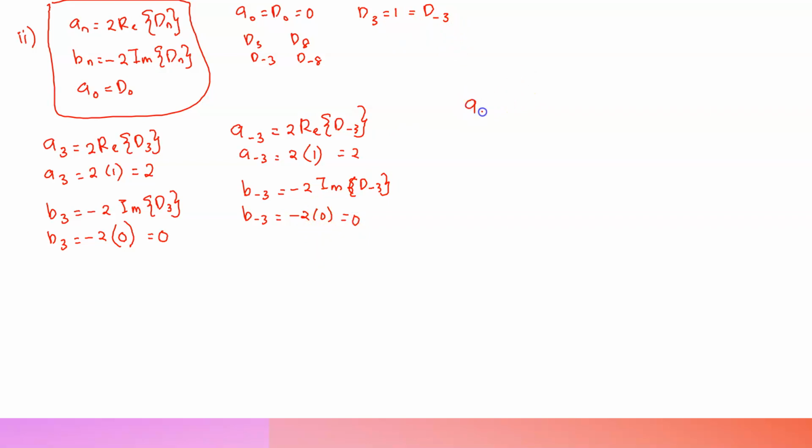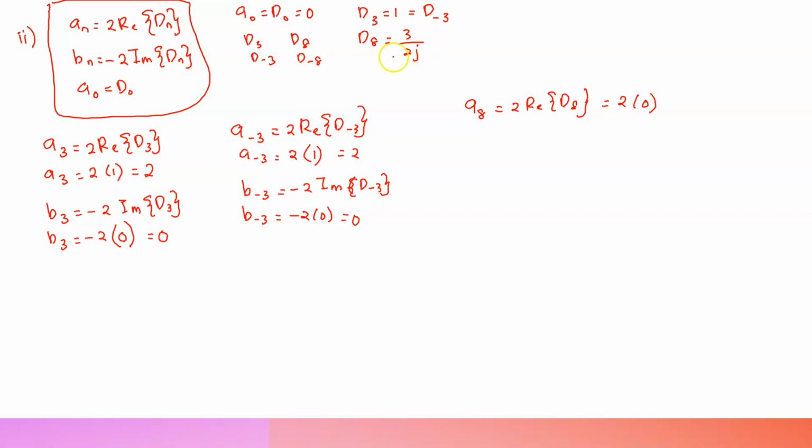Now a8. d8 equals 3 over 2j, right? So the real part of d8 equals 0, and 2 times 0 is 0, because d8 only has an imaginary part, multiplied by j.